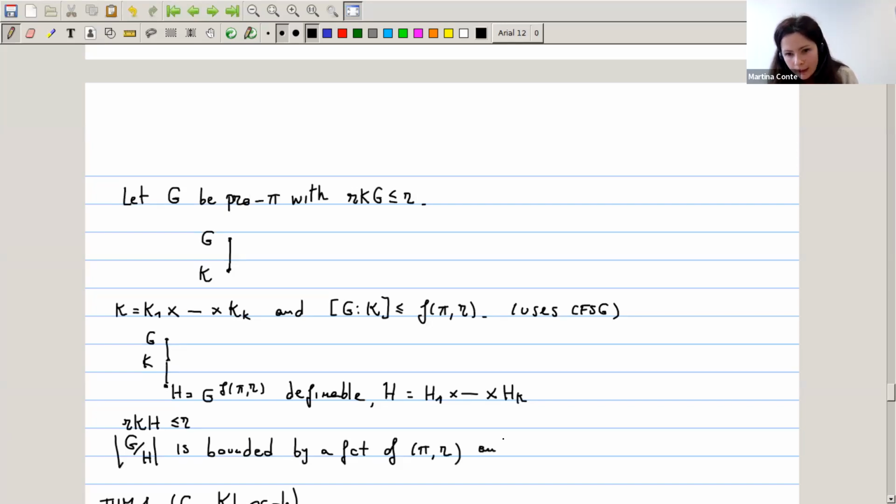And the rank of this quotient is also bounded by R.